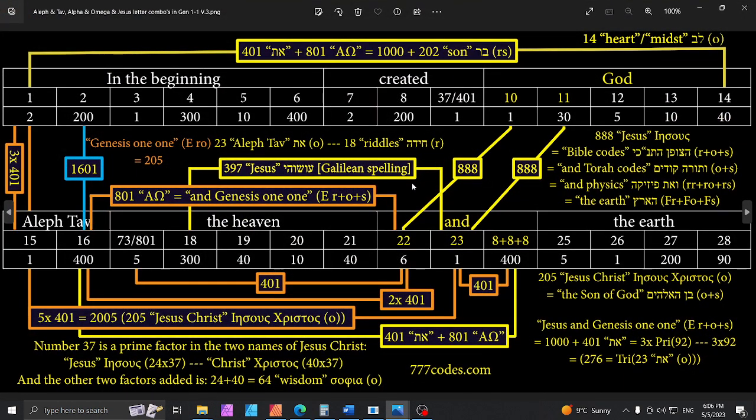So here we are. Here are the letter codes of the first verse, the same verse we just looked at.